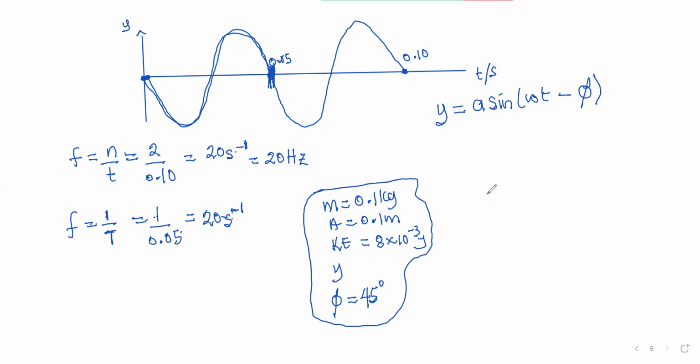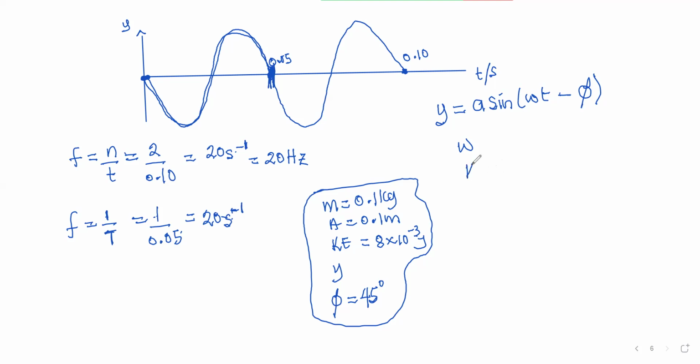So we'll need omega. The amplitude, we have it. The phase angle, we have it. So what do we derive for omega?